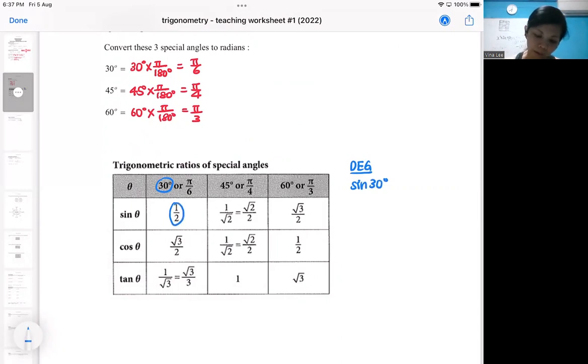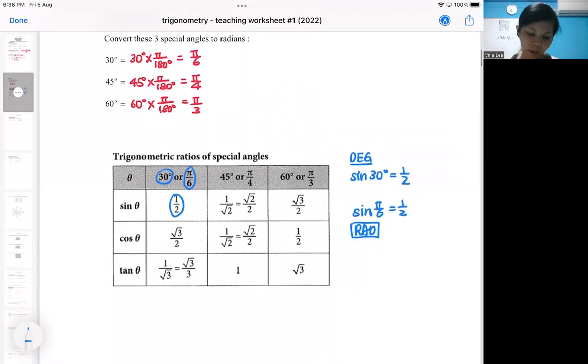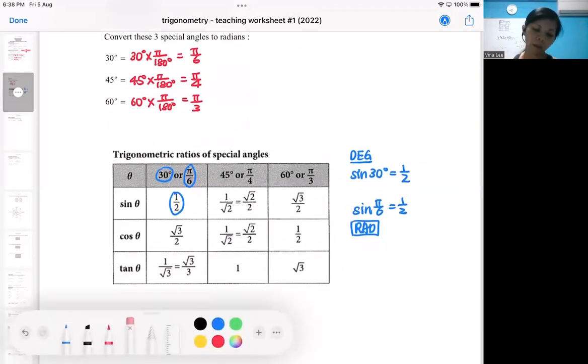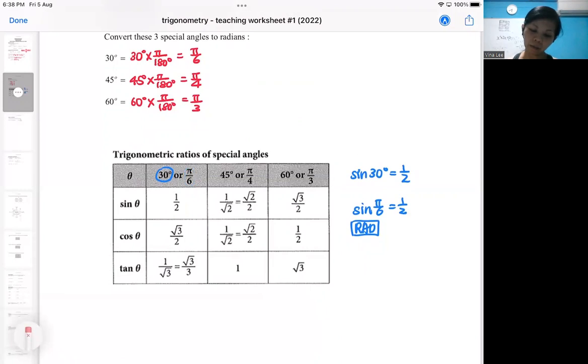If you punch sine pi over 6, you will still get a half if you have changed your calculator to radian mode. So sine 30 in degree mode is the same as sine pi over 6 in radian mode. That is the idea about degree or radian. It doesn't matter. For a start, we can just stick to degree mode and get your understanding in degree mode.